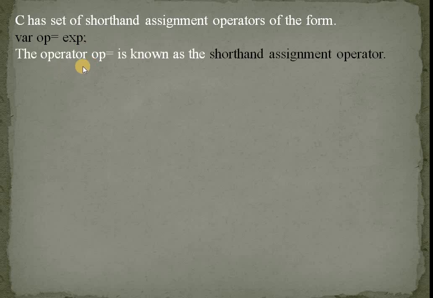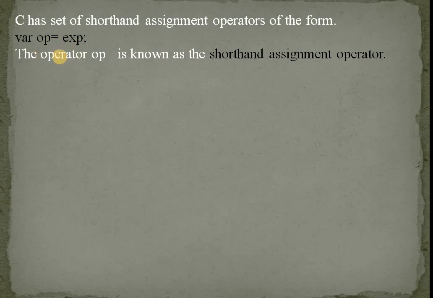The operator OP equal to is known as the shorthand assignment operator. So in this example, this OP equal to is a shorthand assignment operator. Here VAR is a variable, EXP is an expression, and OP is a C binary arithmetic operator.